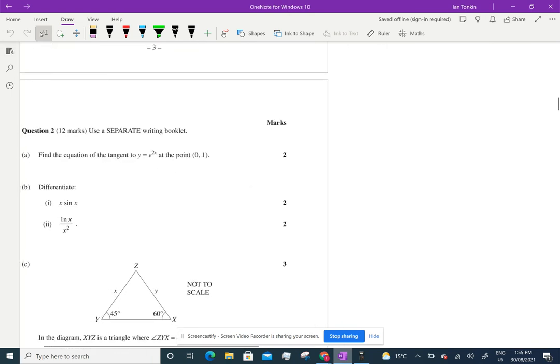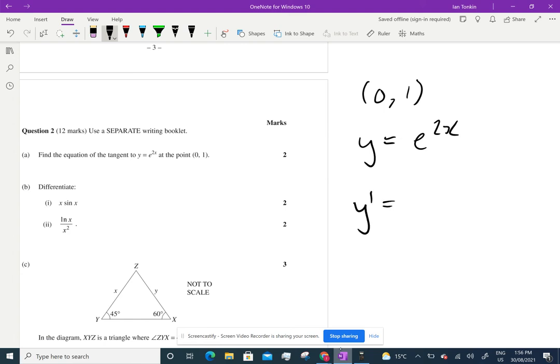Find the equation of the tangent to that at that point. So we've got a point, (0, 1). We've got this equation y equals e to the 2x. We differentiate: y dash is the same thing, multiplied by the derivative of the exponent. That's the gradient function.